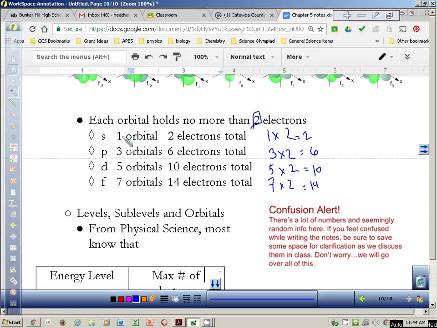I memorize this piece, and then I work this out in my head because I know this rule right here. You need to know that, okay? You need to be able to know how many electrons can go in each of the sublevels.